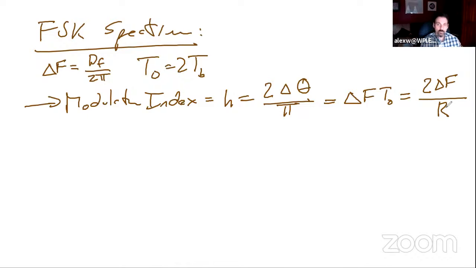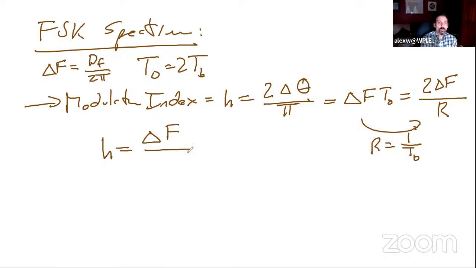Symbol rate and bit rate are the same thing because it's binary FSK. And just FYI, r is equal to 1 over TB. Awesome sauce. So now we have h over delta f. We can also define it by B, and this is equal to beta F. This is going to be important because it will define the FSK modulation scheme.